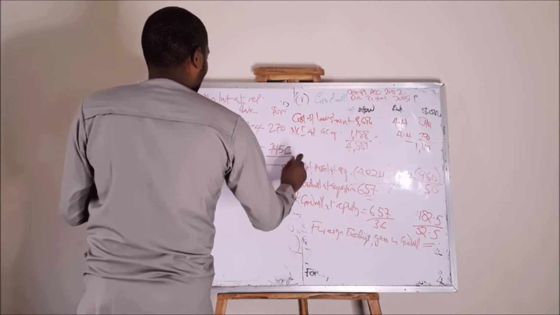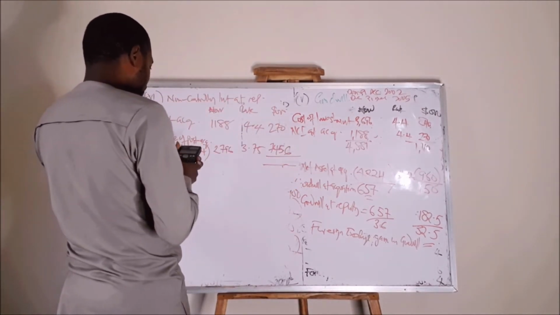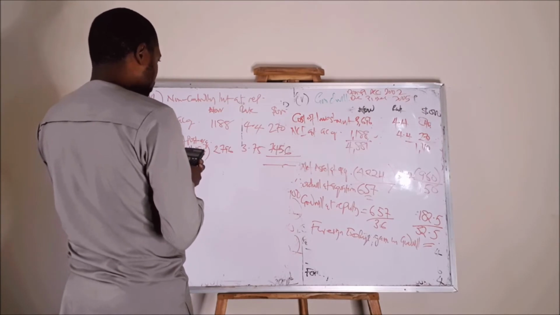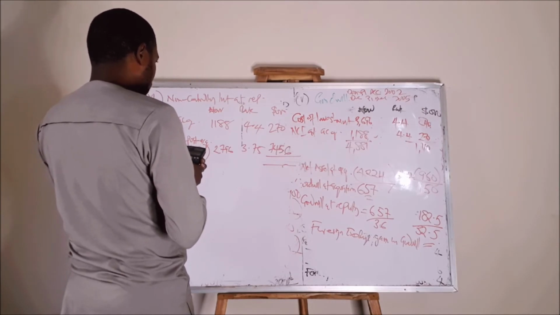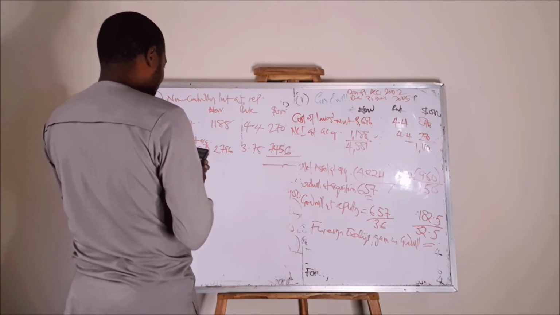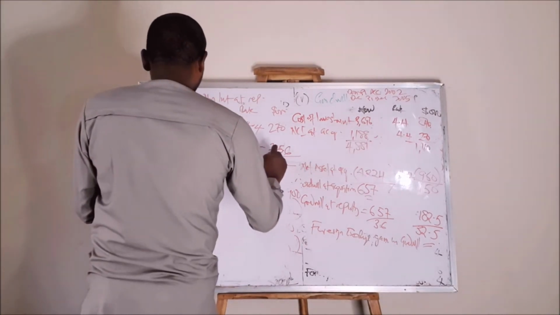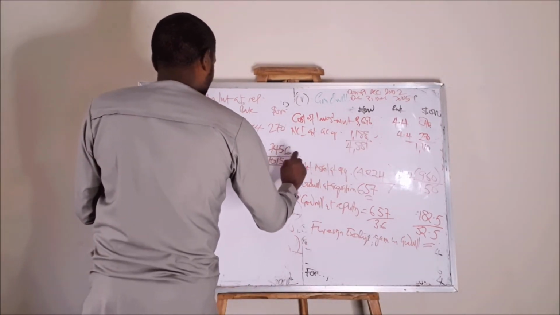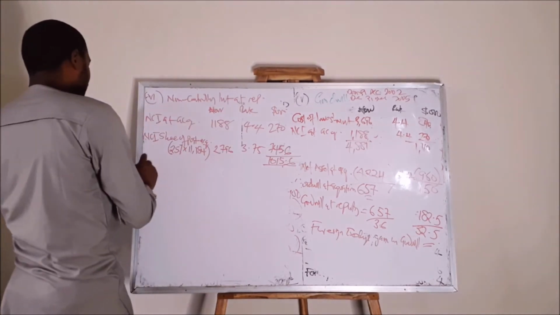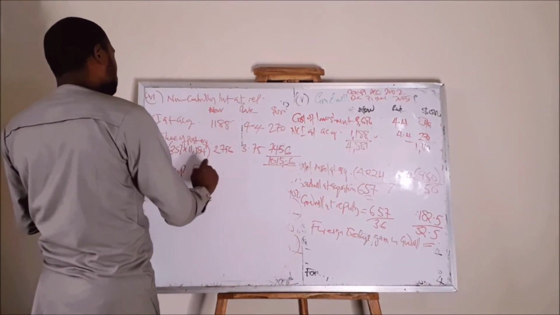So we now add it. We have 270 plus 745.6, which is 1015.6.